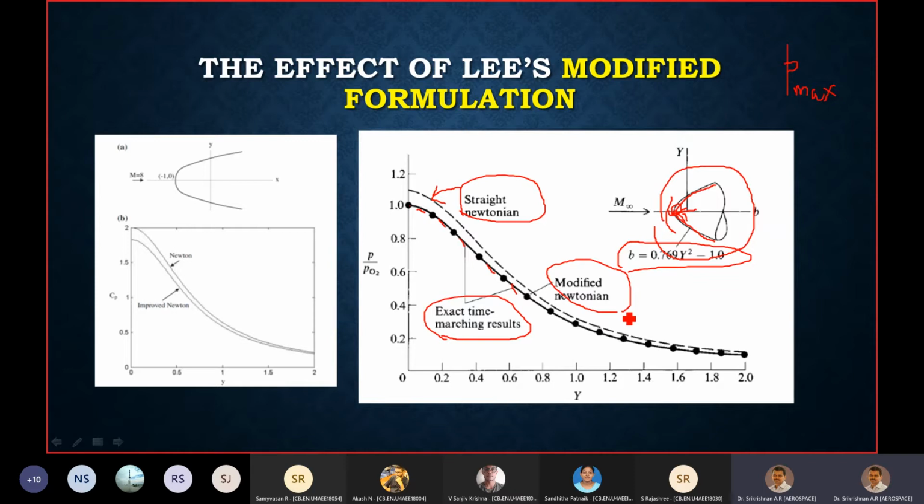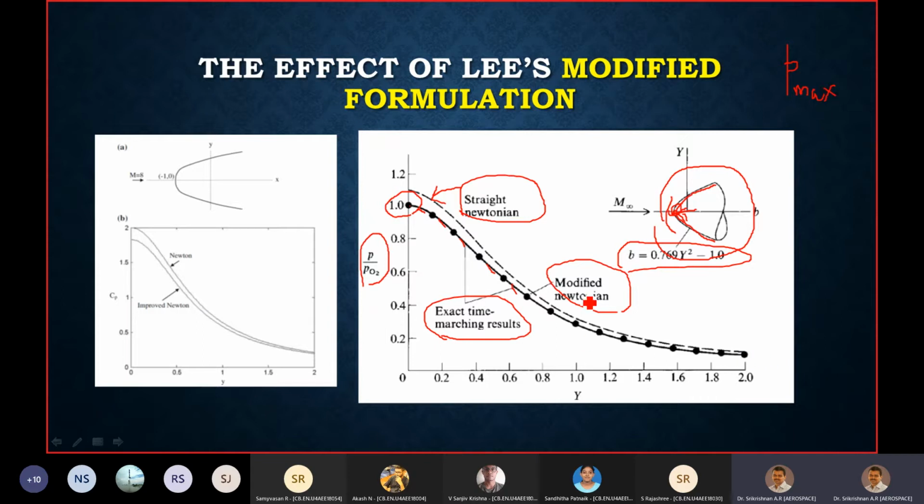So for example, at the tip you have p by p naught 2 equal to 1. What is plotted here is p by p naught 2. The pressure distribution basically is shown on this one. So you have the values coinciding for the exact as well as the modified Newtonian method, whereas the Newton method is itself slightly away from the exact results.